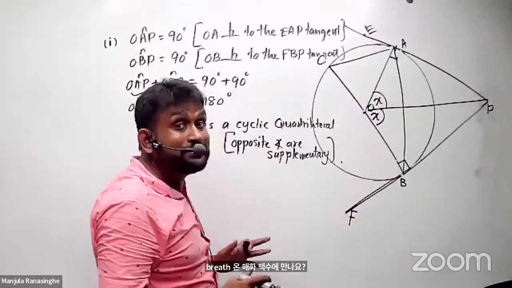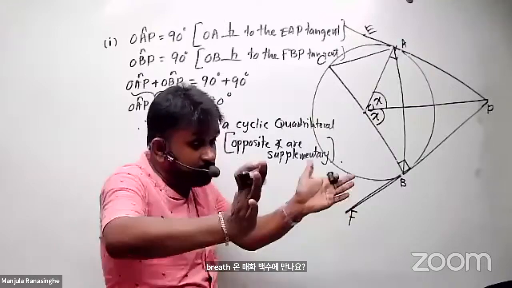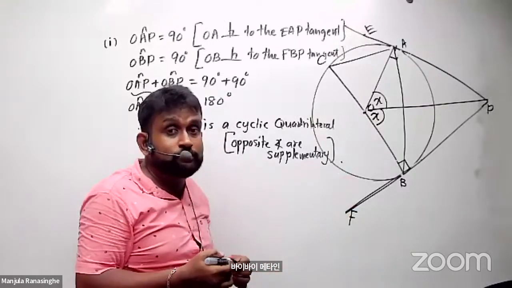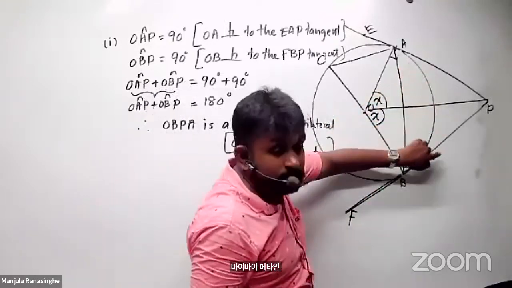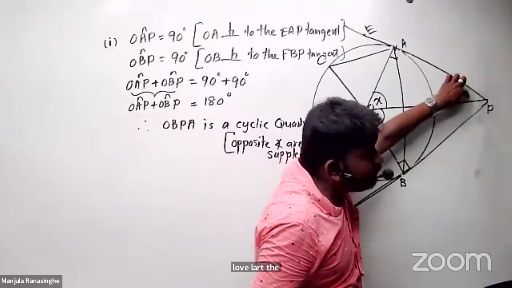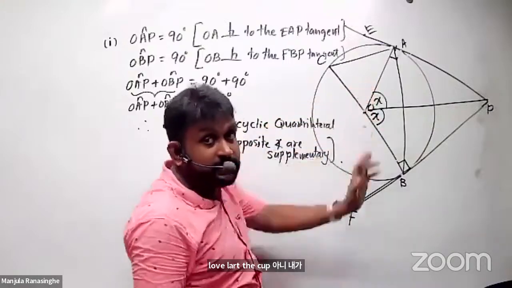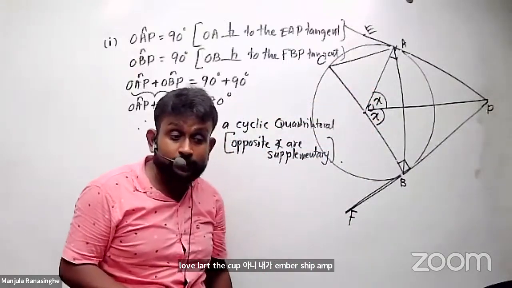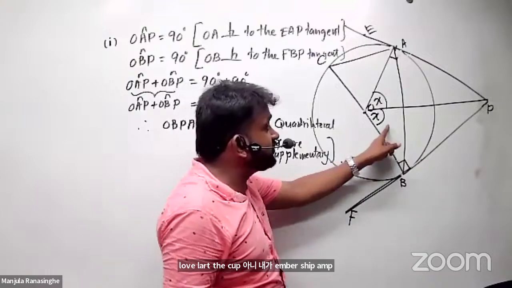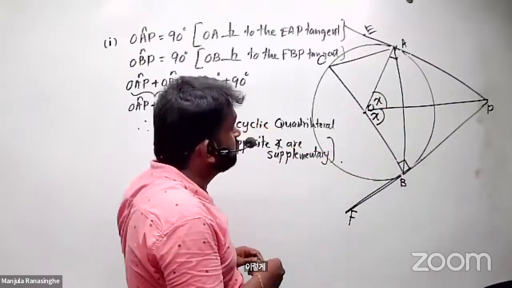Why? The tangent theorem from the external point has three outcomes. These two tangents are equal in length, and the angle at the external point is bisected, as well as the angle at the center. So those are the three results. Now if it is X, here also X. That is fine.